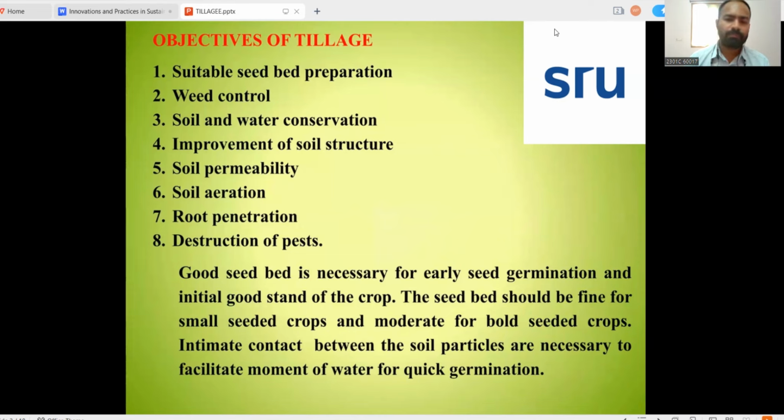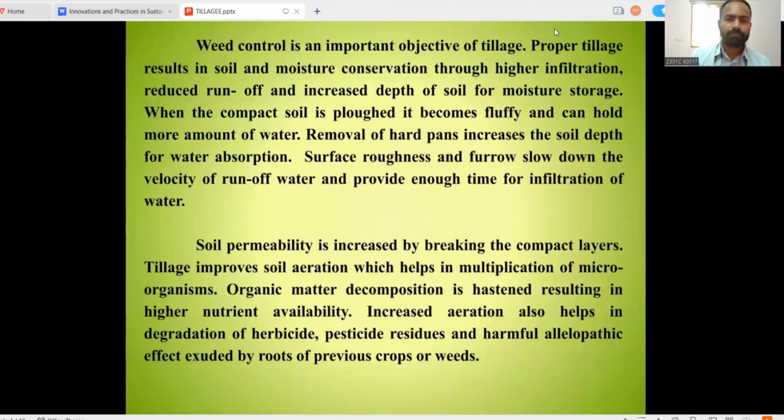Okay. Moving on to next. Weed control is an important objective for tillage. If you are doing proper tillage operations, it will control our weeds. Proper tillage results in soil and moisture conservation through higher infiltration. If you are adopting proper tillage practices, then what will happen?